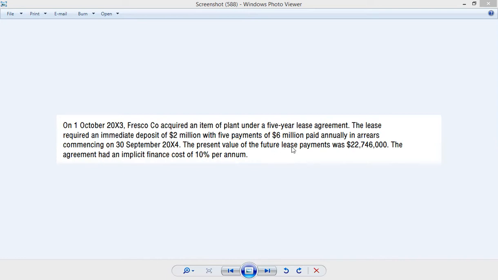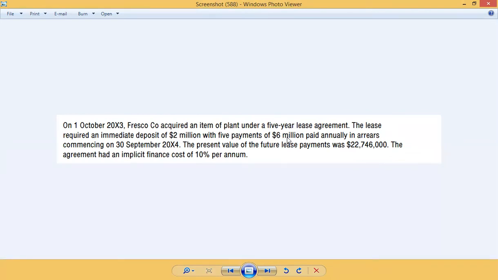The present value of the future lease payment was 22,746,000. So over here, they've given us the present value. They've calculated it already. So we continue. Now to get the total cash price, it is equal to the present value. And then to get the total payment, kindly add the immediate deposit plus the lease payment.